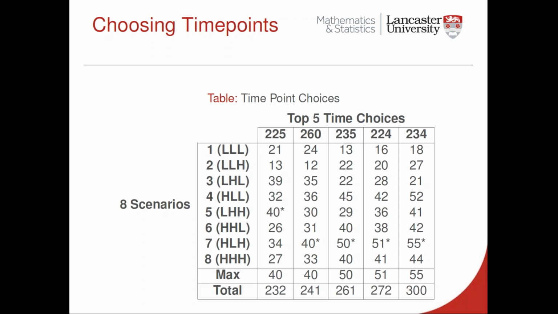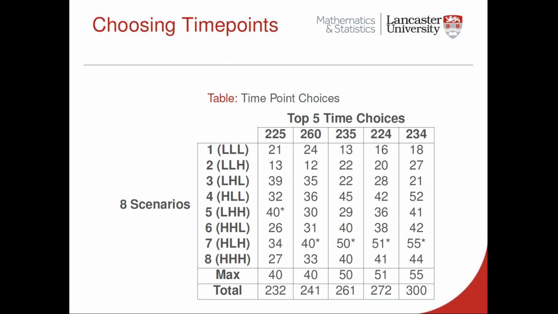And you can see that across the 8 scenarios that I'm considering, it is consistently in the region of around a rank of 30. And so the minimax, so the worst of these ranks, is 40 in this case, and hence it is the best of the 5 choices that I show you here on the screen in terms of the worst performance across the 8 scenarios that I'm considering.